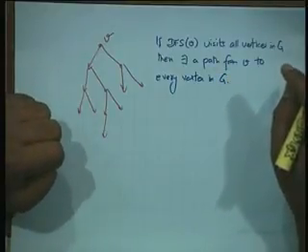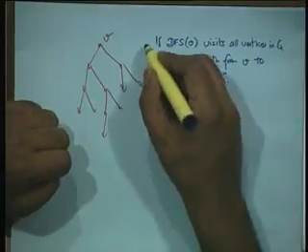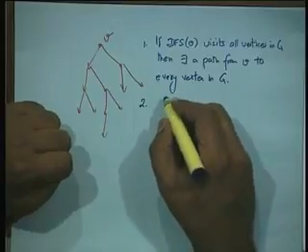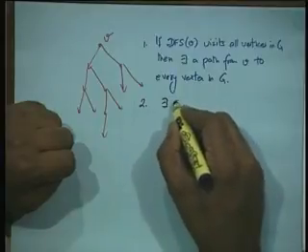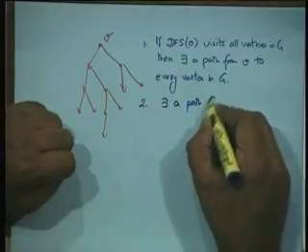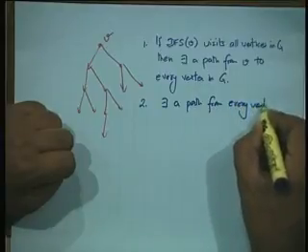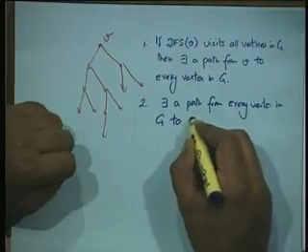Suppose we could somehow figure out, or I claim, that there exists a path from every vertex in G to v.